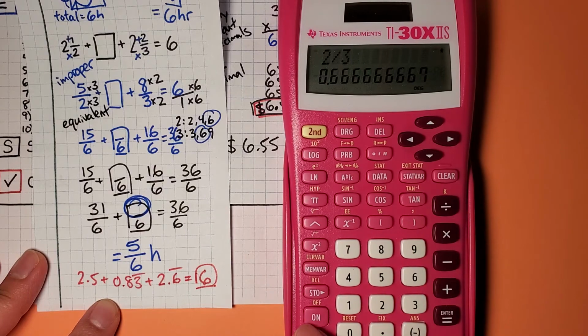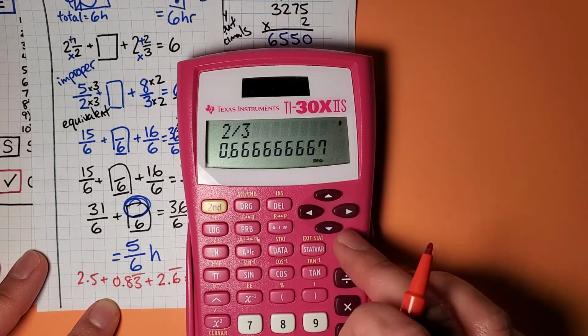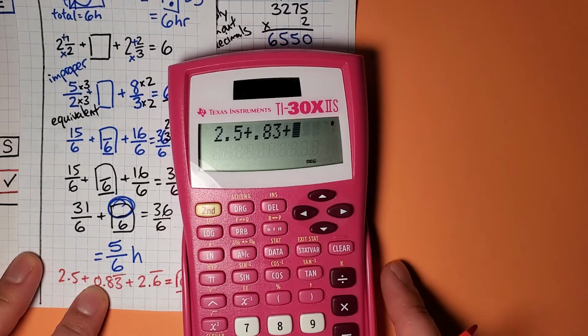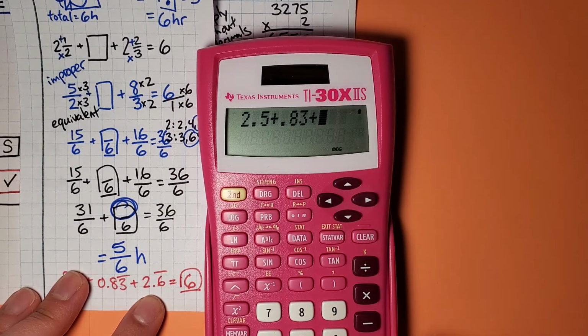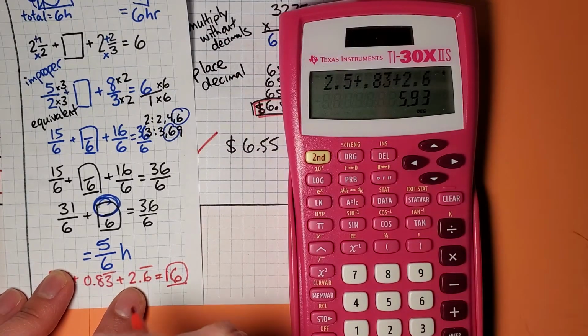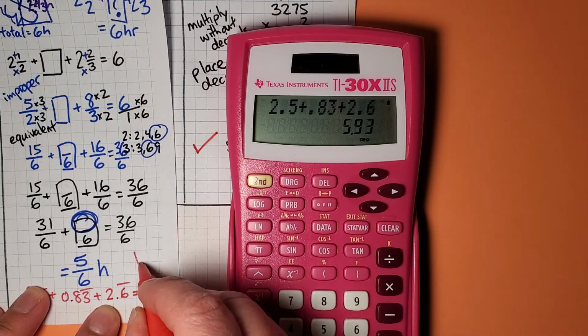So we're going to do 2.5. 5 over 6 is 0.83 repeating, but I'm just going to put 0.83. And 2 2/3 of an hour is 2.6 repeating, but I'm just going to put 2.6. Should get something around 6. 5.93, because of the error with decimals. That is good enough. I'm going to say that is correct.